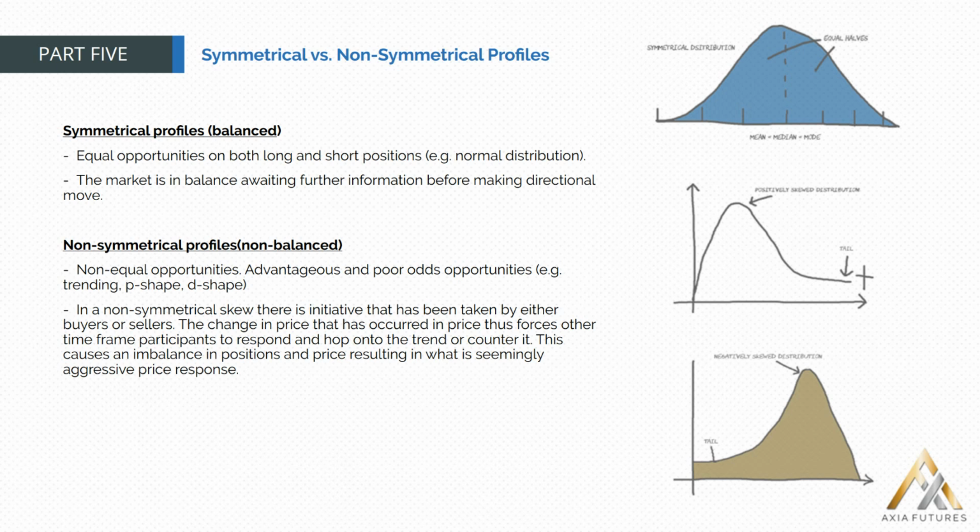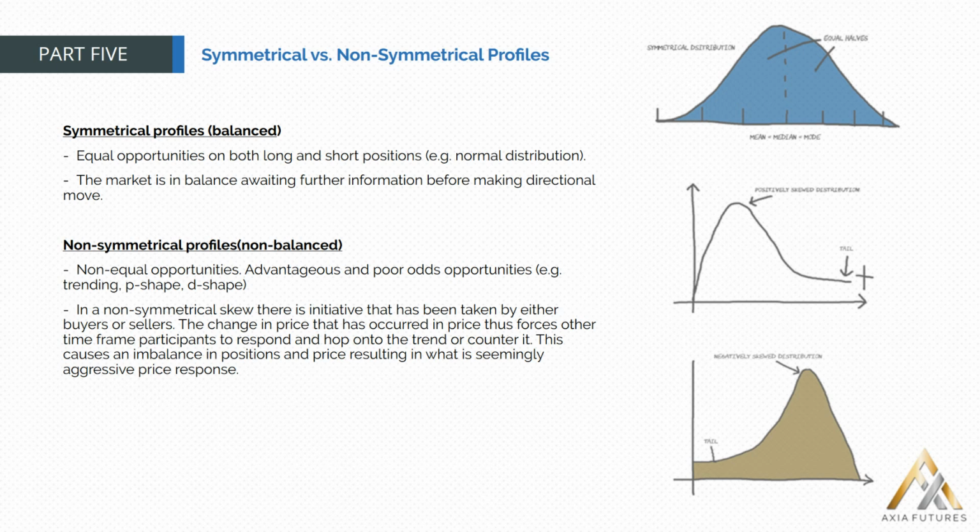Now, in a non-symmetrical skew, there is initiative that has been taken by either buyers or sellers. So note, it starts off with an initiative taken by influential players. The change in the price that has occurred forces other time frame participants to respond and hop onto the trend or counter it.